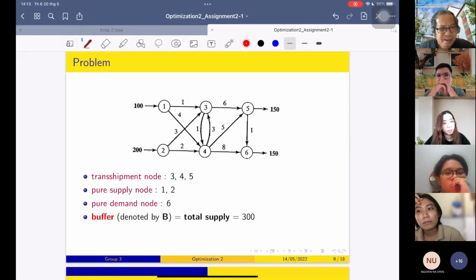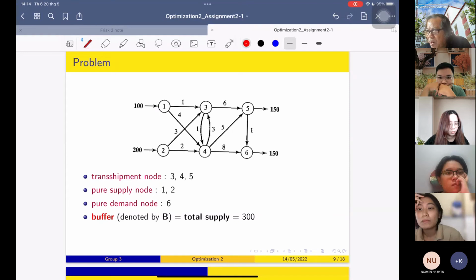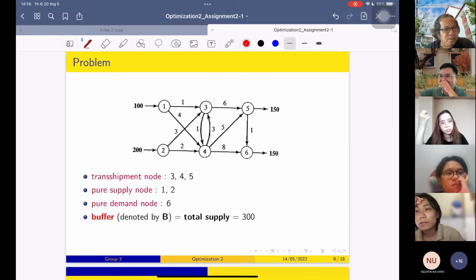In the old way of writing, like the way of the transportation problem, you write down just node 1 with 100, that is B1, and B2 is 200. And node 5 is minus 100, and node 6 is minus 150. That is just the demand, not the original supply. At the beginning, it is this.